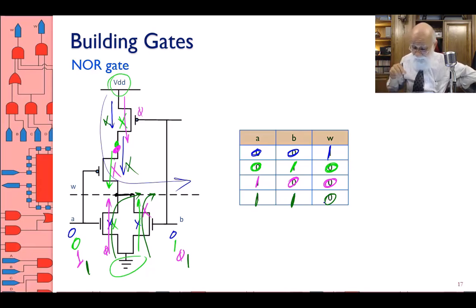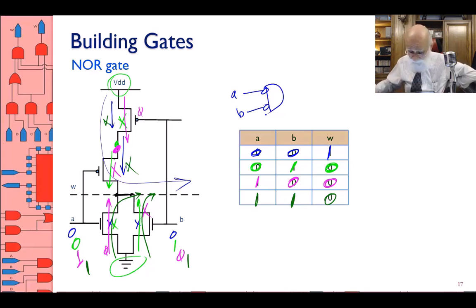Let's read the table here. I have a circuit that when A input is 0 and B input is 0, the output is 1.